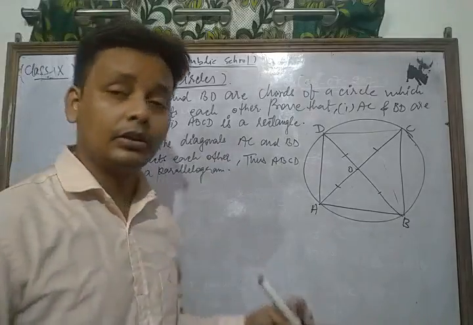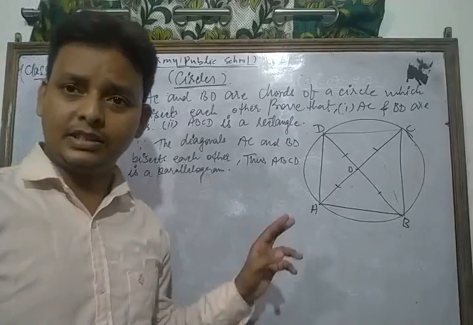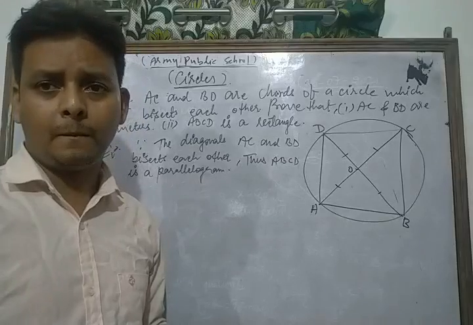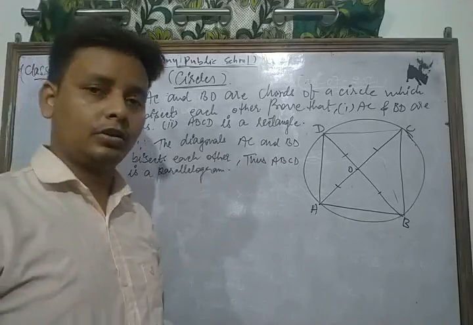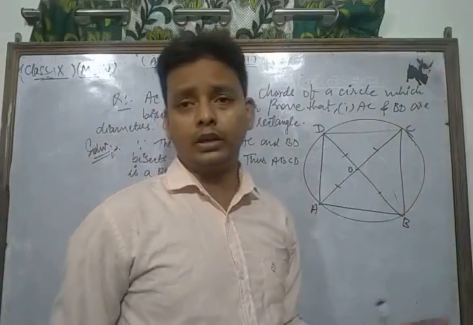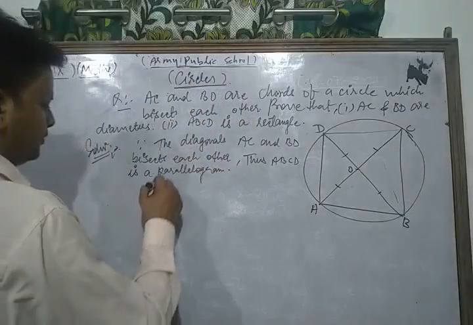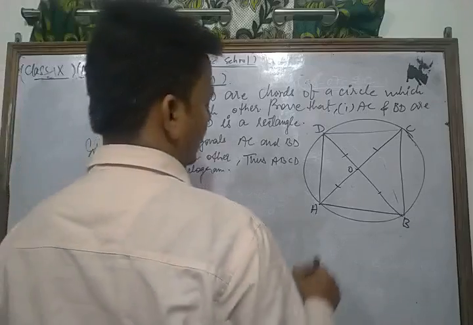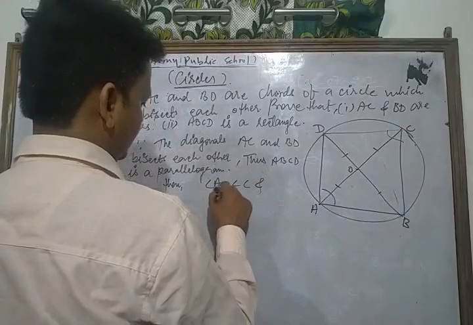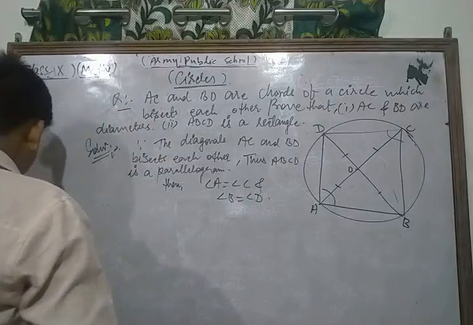If ABCD is a parallelogram, then it is clear that the opposite angles are equal to each other. Then angle A is equal to angle C, and angle B is equal to angle D. These are the opposite angles of a parallelogram.